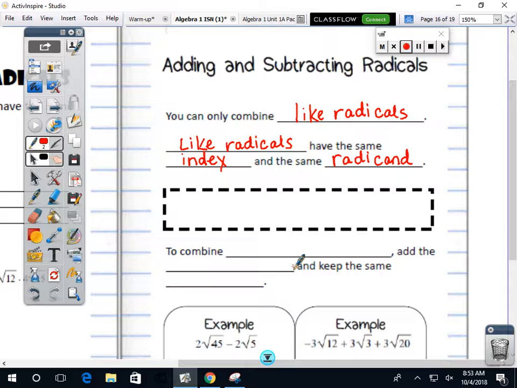Okay, so like radicals means they have the same index, like they're both a square root or they're both a cube root or both a fourth root. And they also have to have the same radicand, the number on the inside. Now, to add or subtract radicals, you need to simplify everything first.